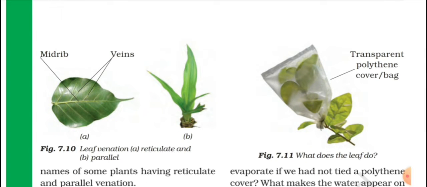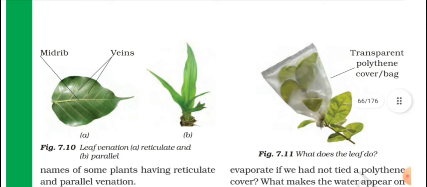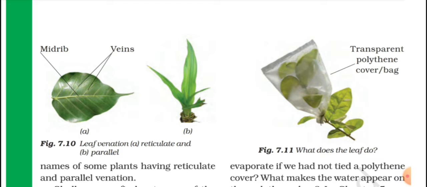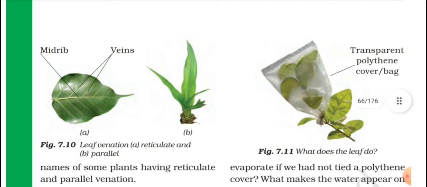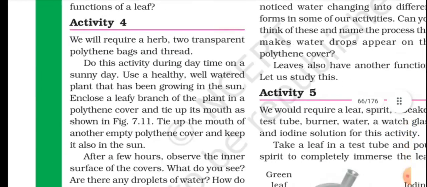Here you see कि one is reticulate, कि यहाँ से ऐसे ऐसे हो रहा है. पैरेलल में क्या है, जो that plant, I think it is turmeric plant, I am not sure. So यहाँ पे पैरेलल वेनेशन है. Okay, so we are done with the leaf.